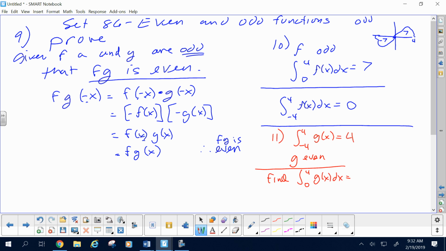It is 2. Because it's even, there's symmetry about the y-axis. So if the total area from negative 4 to 4 is 4, then 0 to 4 must be exactly half of that, because it's got to be the same on both sides. And so this is 2. You've got to love these problems. They're pretty easy. Are you with me?